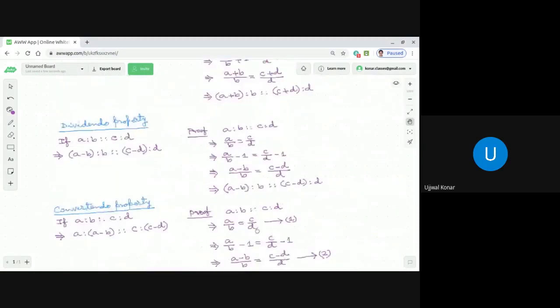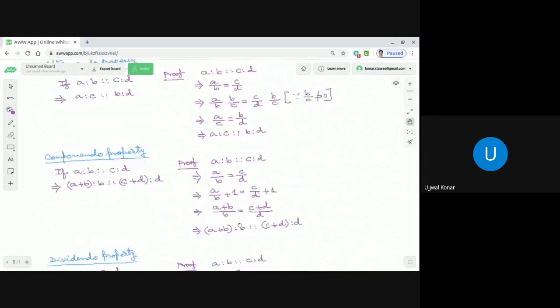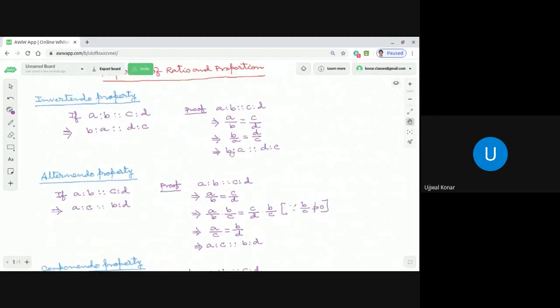So the first property we learned today is called the invertendo property. Invertendo property says that if A is to B equal to C is to D, then B is to A equal to D is to C. That is what is called the invertendo property.